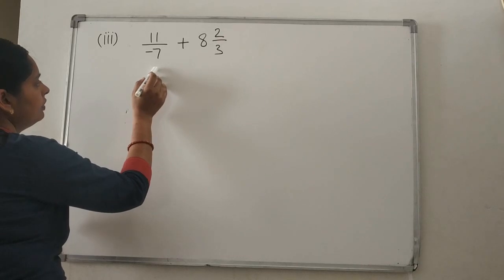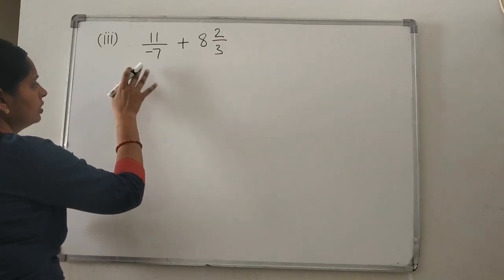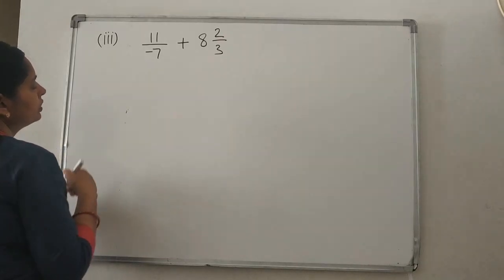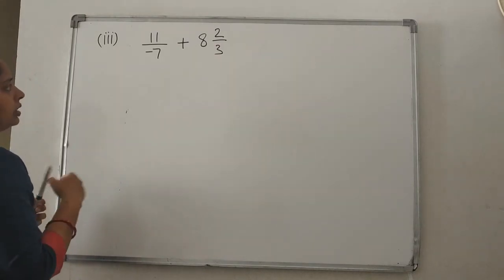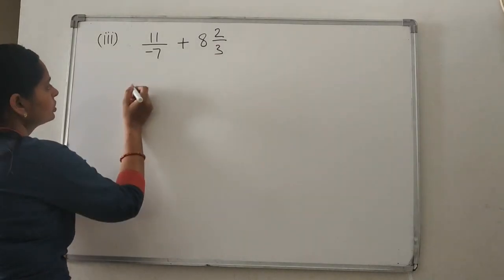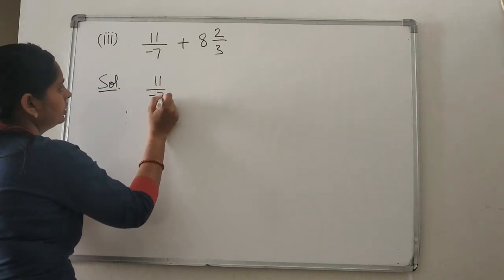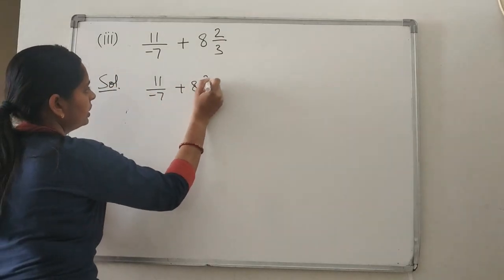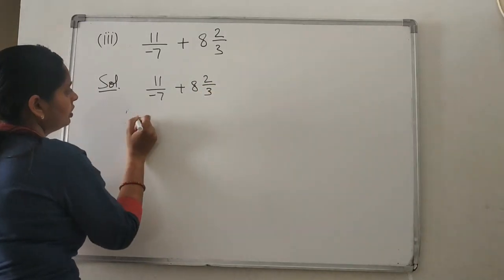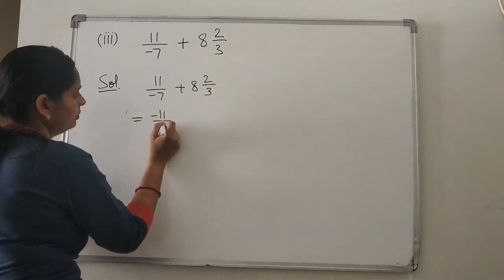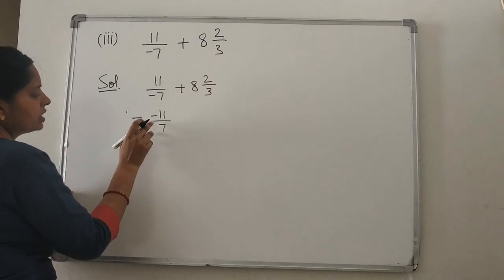Whenever we are having a rational number in which negative sign is in the denominator, first we have to move the sign to the numerator, right? So, 11 upon minus 7 plus 8 2 by 3 will be equal to minus 11 upon 7. How we will get minus 11 by 7?